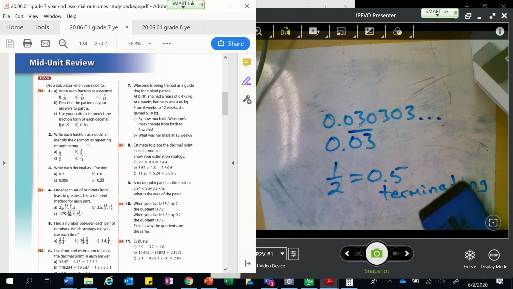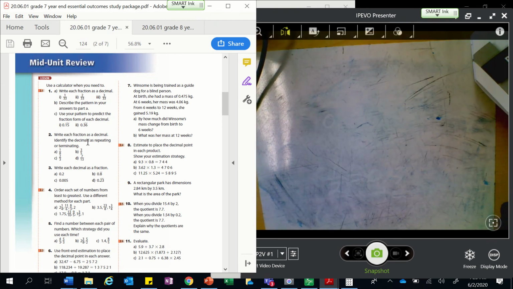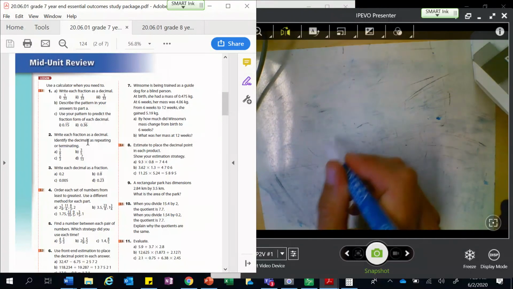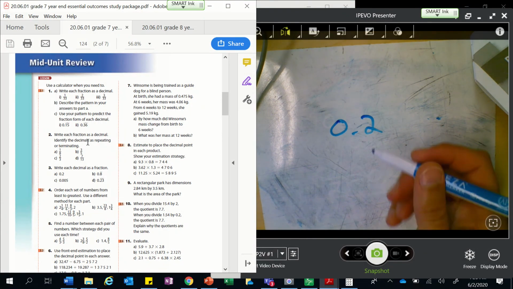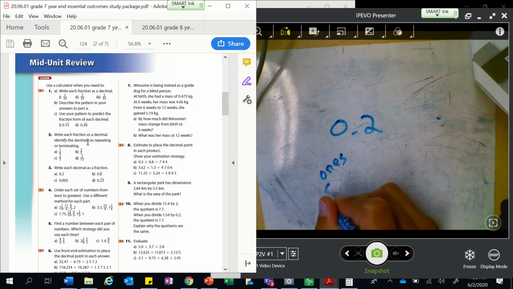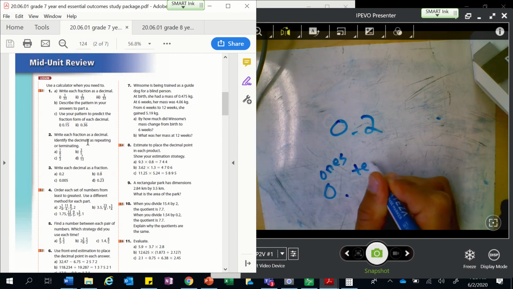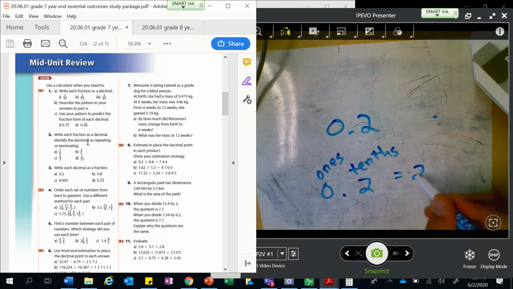All right, next up, let's take a look at question 3. It says write each decimal as a fraction, and it starts off with this. The easy way to put decimals into fractions is to look at it this way. You have your ones place, you have your tenths place. Well, this means 2 tenths, which can be written as 2 over 10.